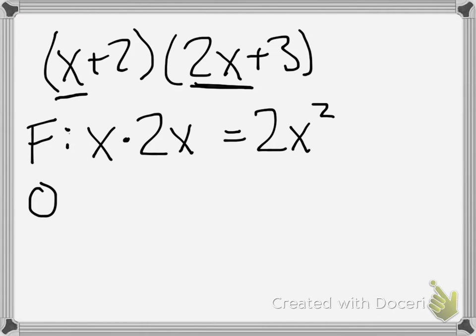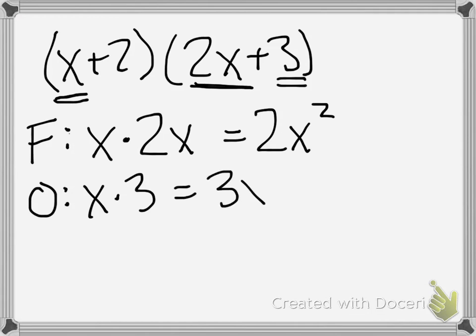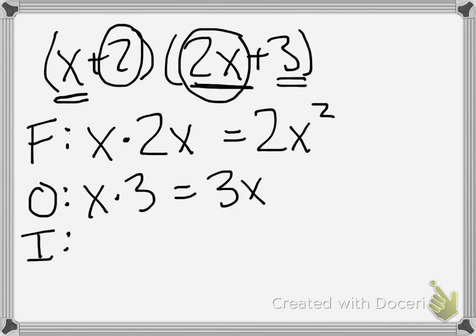Next is O. That's outside. I'll multiply the outside terms. So my outside terms are this x and this 3. That's 3x. I is for inside. My inside terms are the 2 and the 2x. That's 4x.